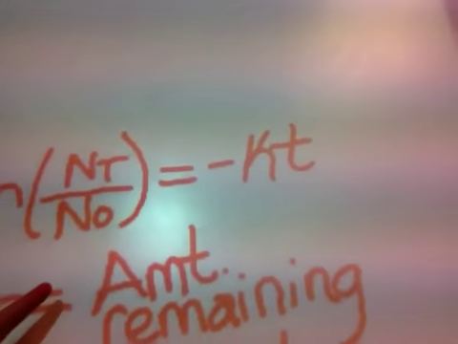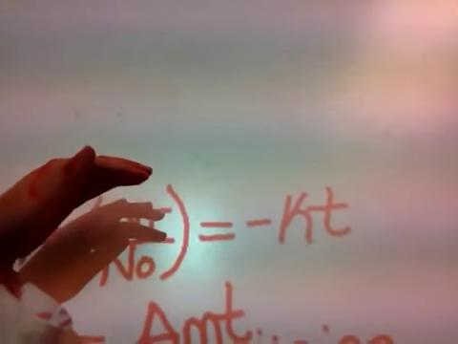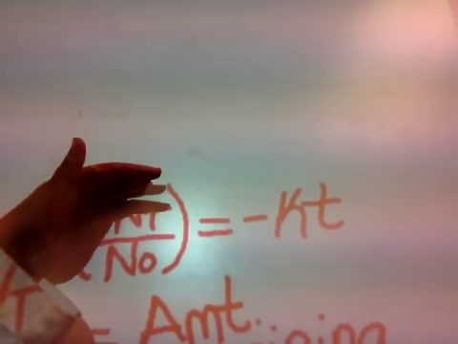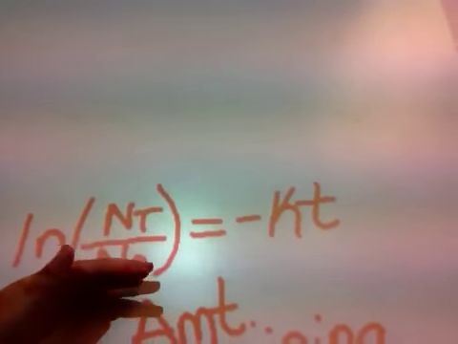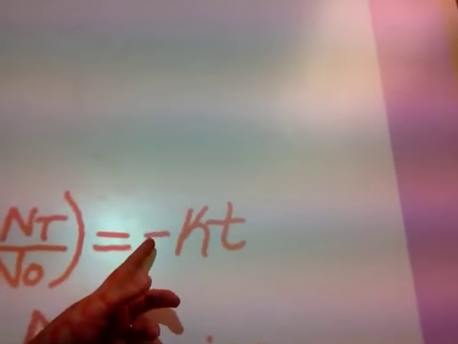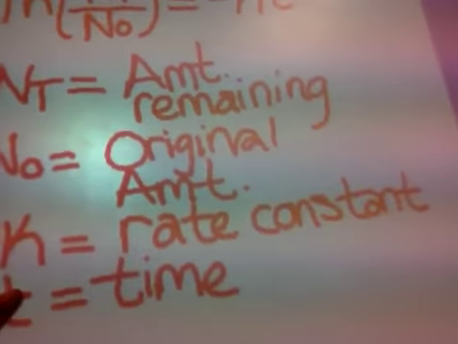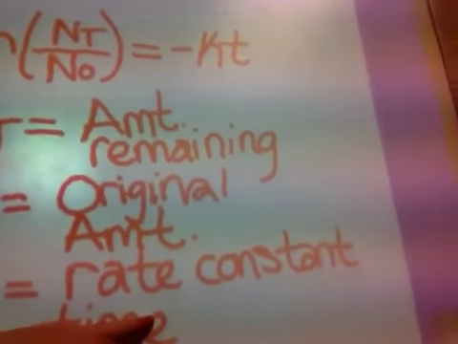If I look back at my equation, I have the natural log of N_t over N_0. So what I have right now, the amount of material I have over the amount of material that I started with, is going to equal a negative k. k is a rate constant. So k just stands for rate constant.